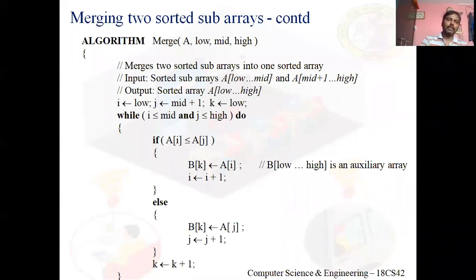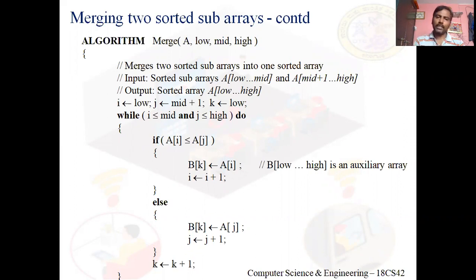See here, the same thing I said, in the while loop. If A of I is less than or equal to A of J, the element pointed by I is smaller, so I copy the ith element to the final array at index K, then increment I by 1.